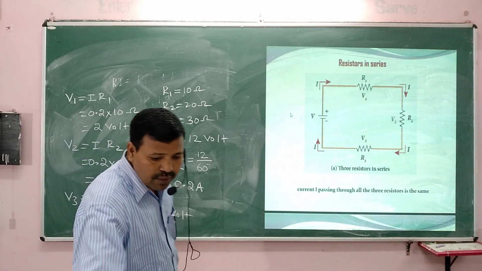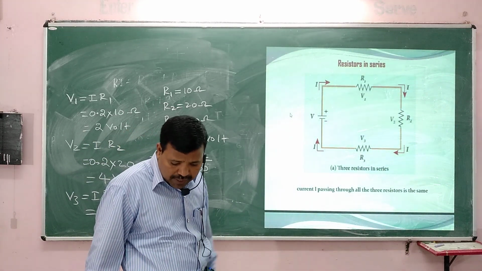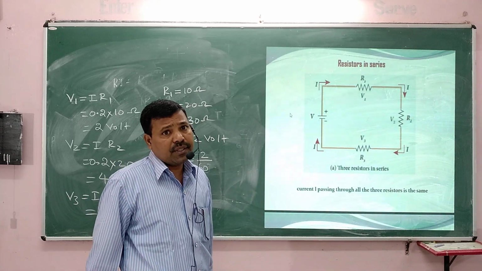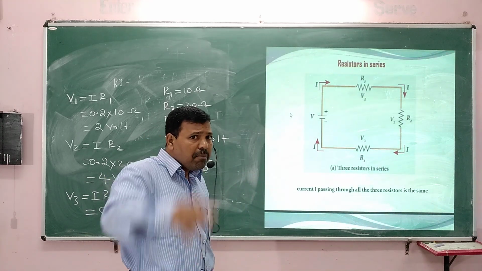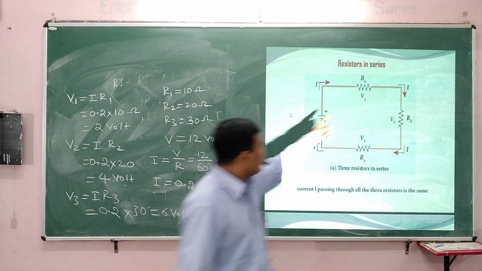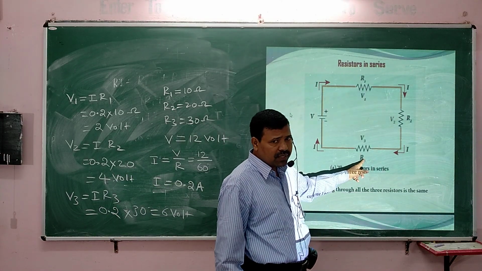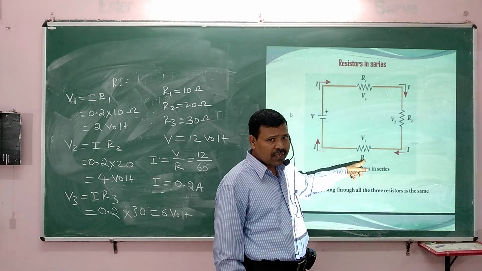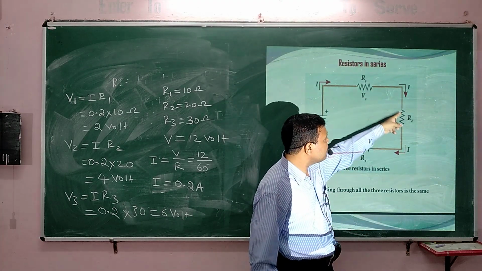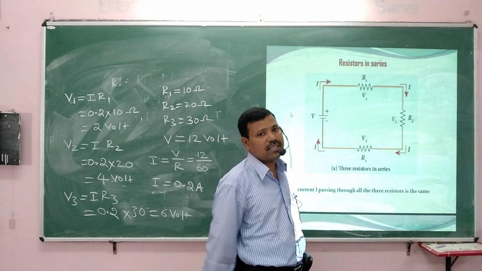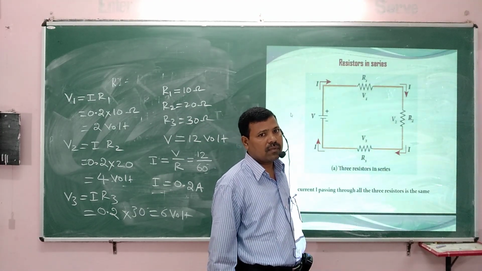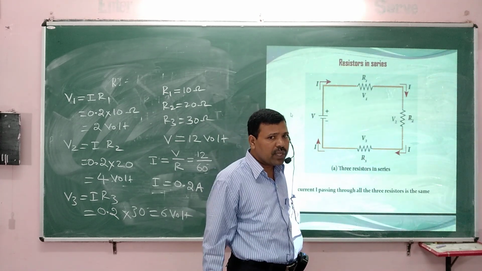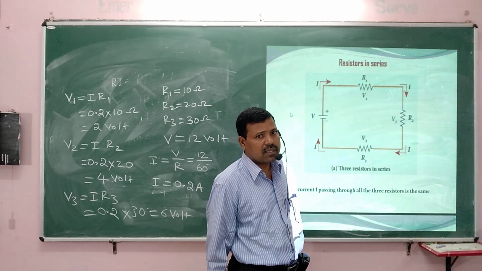Fine. Now let us move on to another important combination of resistors, that is resistors in parallel. Remember that whenever 3 or more resistors are connected in series, the net resistance is equal to the sum of the individual resistances. And in series, the net resistance would be more than the individual resistances.